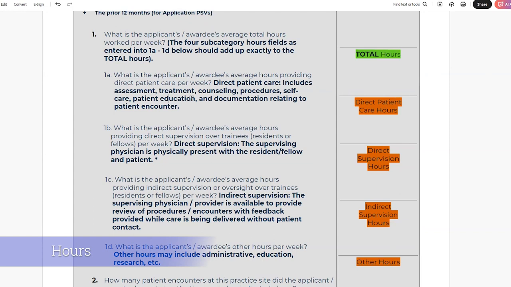One thing that we often see when we're getting these forms back are duplicative values for direct patient care and direct supervision, and I'll circle this for emphasis.